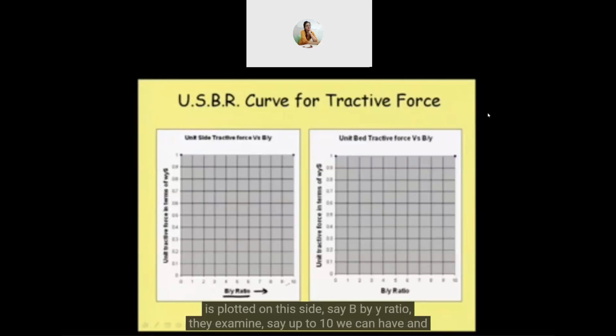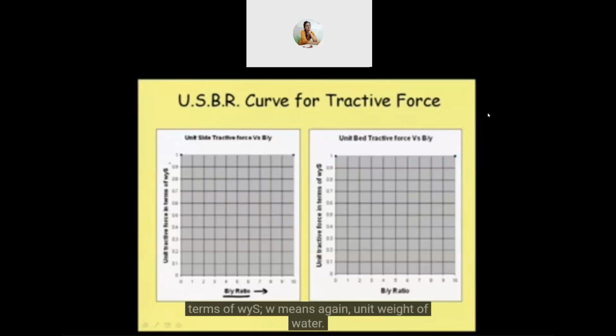And then on this side, that is on the Y-axis, it is unit tractive force in terms of WYS. W means again the unit weight of water. So if I get a point here, 0.4 means it is 0.4 WYS.